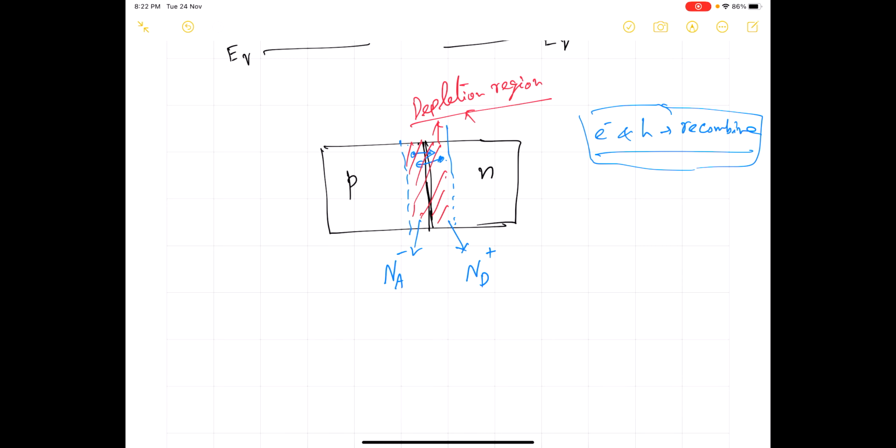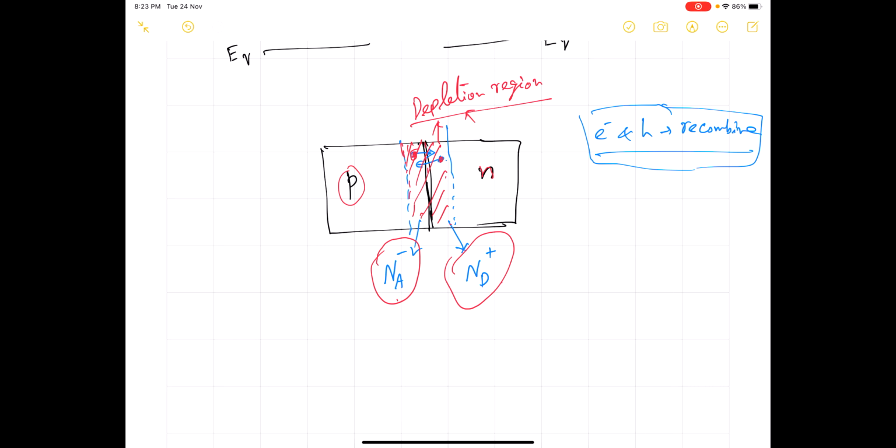What it depletes is the carriers, because from the p type side it has already donated the holes, whereas from the n side it has already given the electrons, and once they recombine they vanish. So this is the region where the charge carriers have disappeared. There is no charge carrier at all in this depletion region. That's why it is called the depletion region. What is left in this depletion region is the ionic charged particles, Na minus and Nd plus.